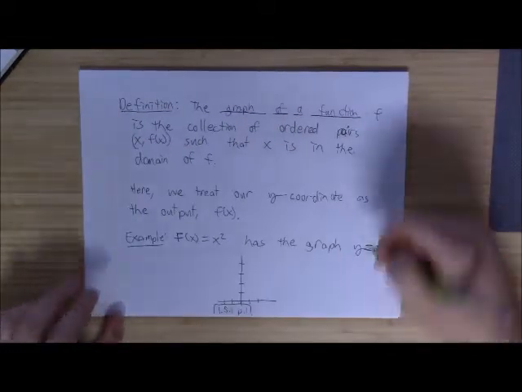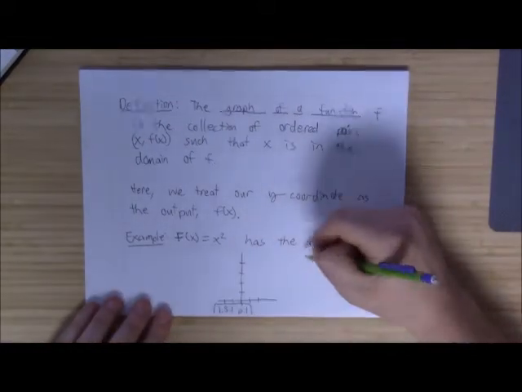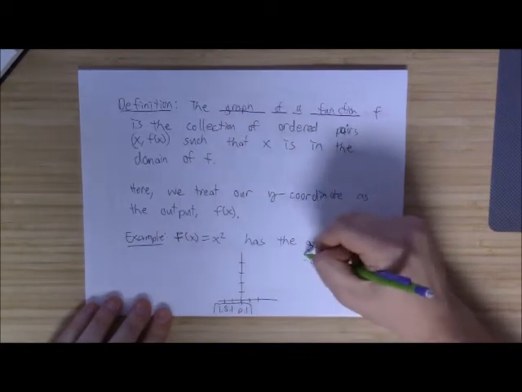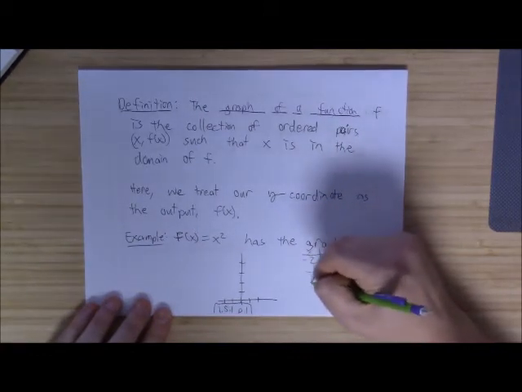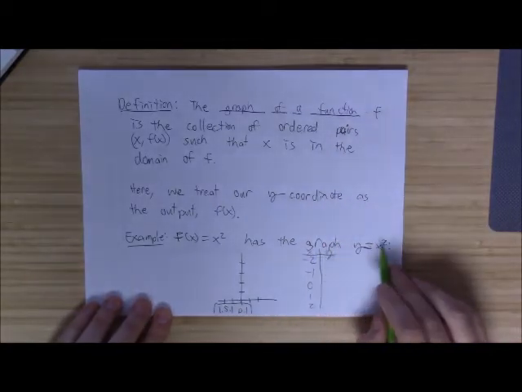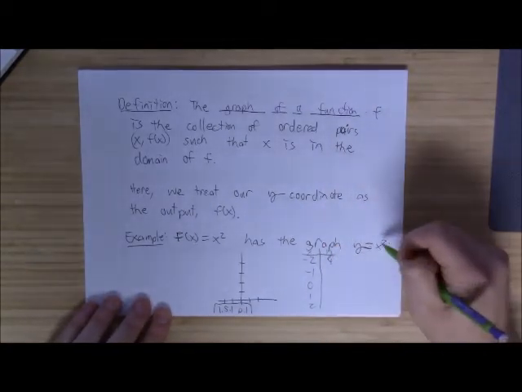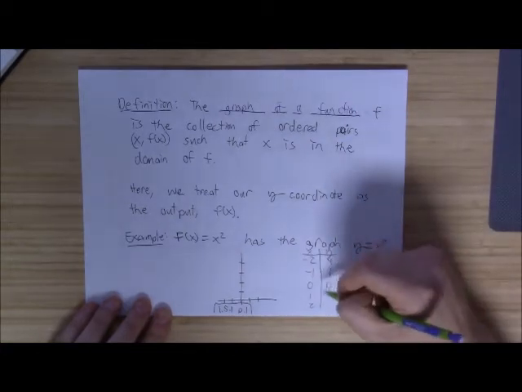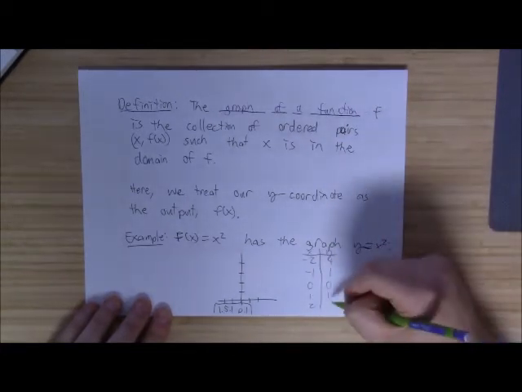If you pick points, you'll see that, if we make a little table, -2, -1, 0, 1, and 2. As our y values, we have -2 plugged in is 4, -1 is 1, 0 plugged in is 0, 1 is 1, 2 is 4.